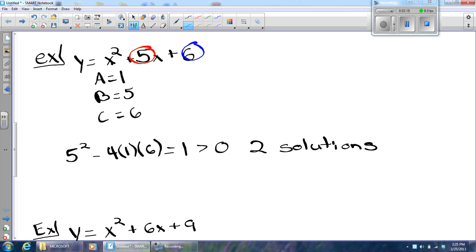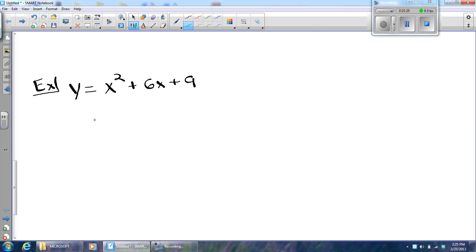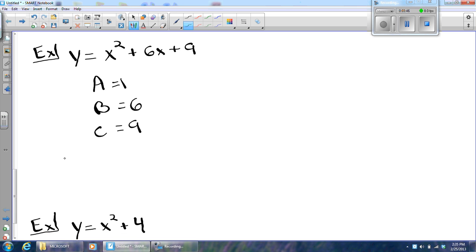Okay, pretty simple stuff. So let's try another example. Okay, so our A is going to be 1. Our B is 6. And our C is 9. We're going to plug these numbers into the discriminant formula.